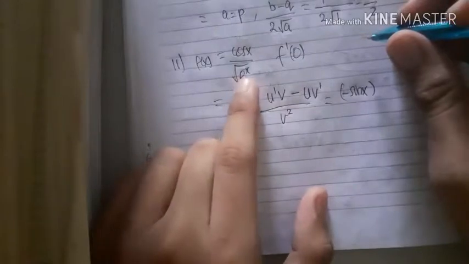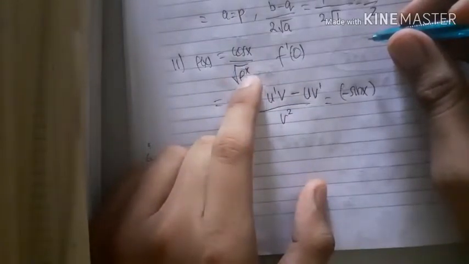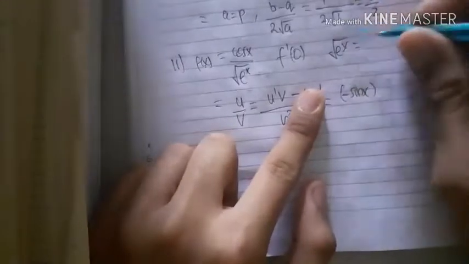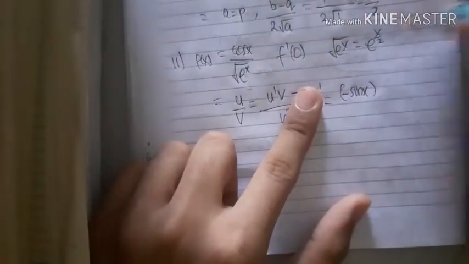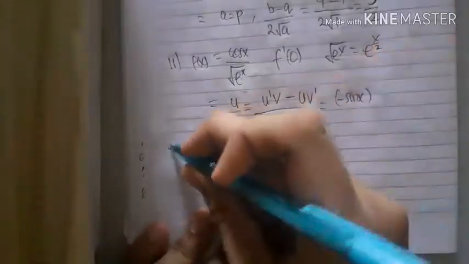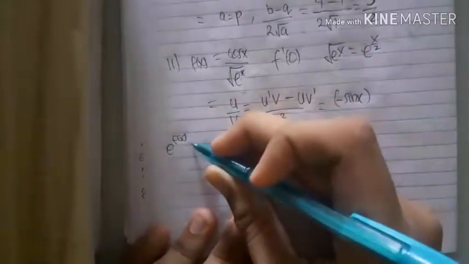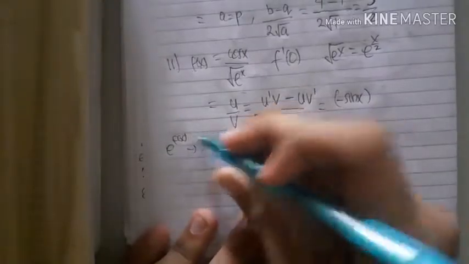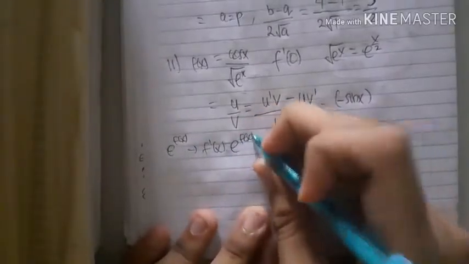And the derivative of e to the power of x over 2, rooted, remember that this is equal to e to the x over 2. So how to calculate this? Remember that for e to the power of f(x), the derivative is the derivative of f(x) itself times e to the f(x).